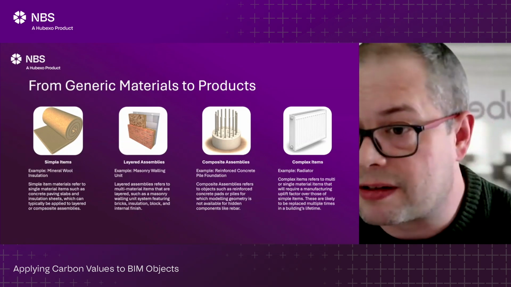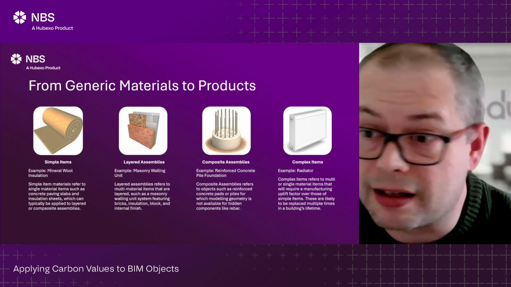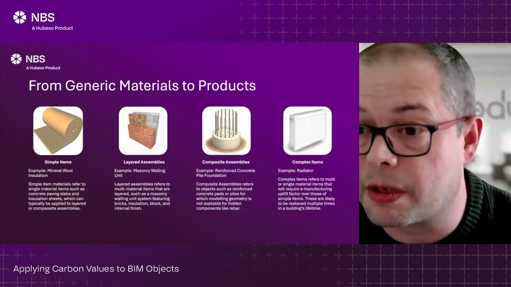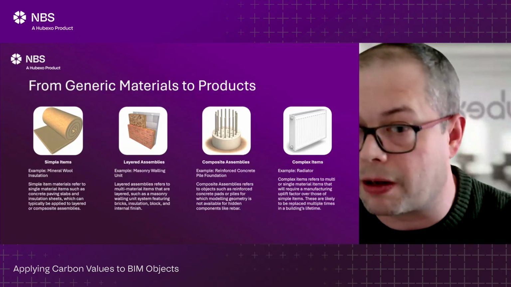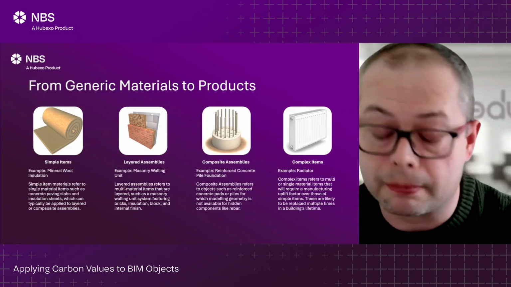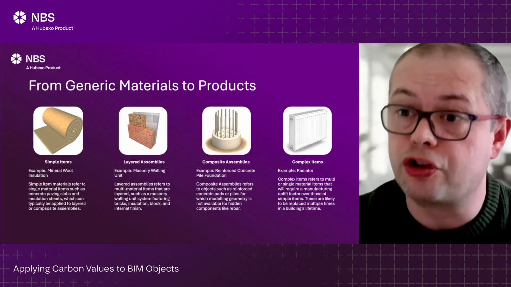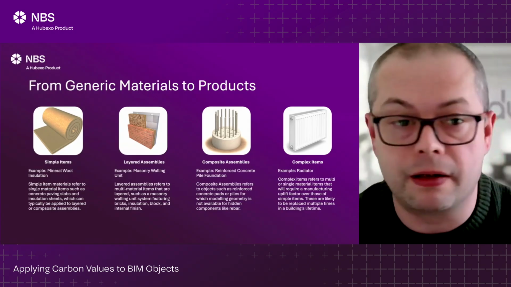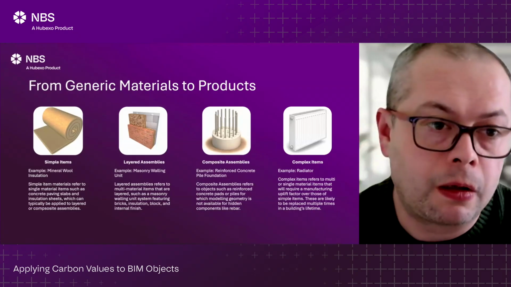However, the radiator itself would use raw material data for things like steel or brass from the ICE database, but then a manufacturing uplift would have to be applied to it. So we're going to talk about how you can apply that to give you a more accurate figure for a generic manufactured product that's been assembled in a factory, for example.